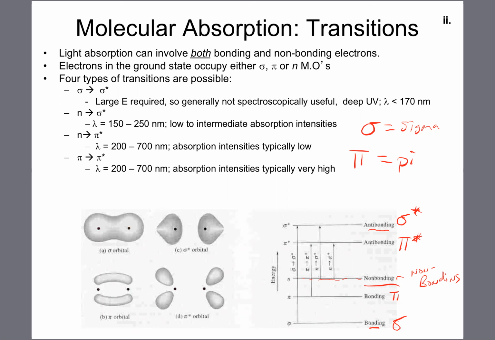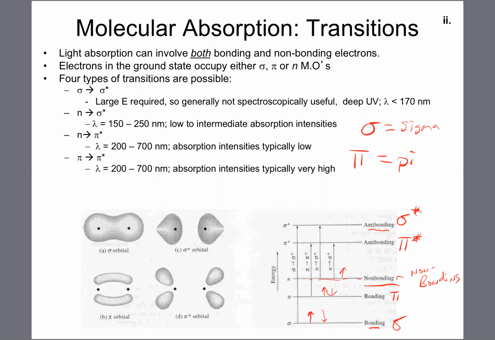From lowest energy to highest energy. So we'd end up with electrons in different orbitals here. You might have a couple like this, maybe some like this, maybe up here, and even the non-bonding. And I'm using these arrows to denote electrons, of course, right?